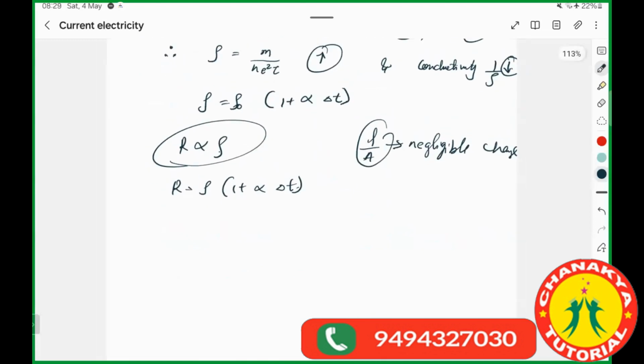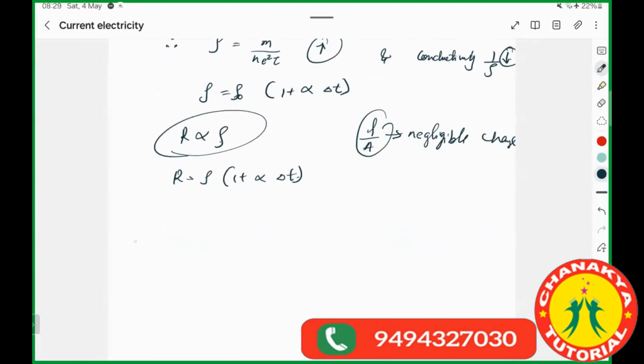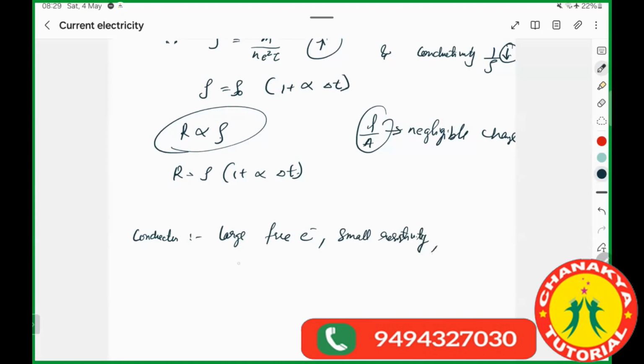So let's write some short points. Conductor: large number of free electrons and small resistivity. Resistivity increases with an increase in temperature.